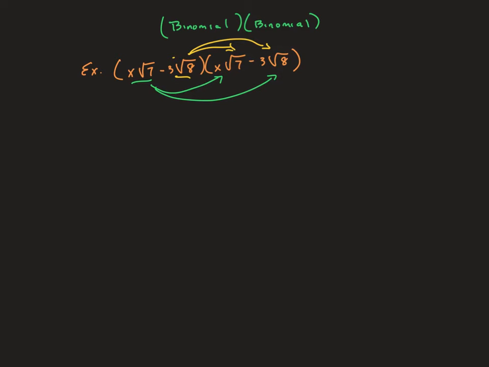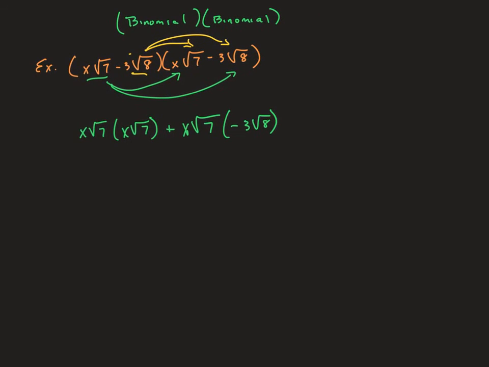So starting off with the first expression, I have x square root of 7 times x square root of 7, plus the x square root of 7 again times a negative 3 square root of 8.